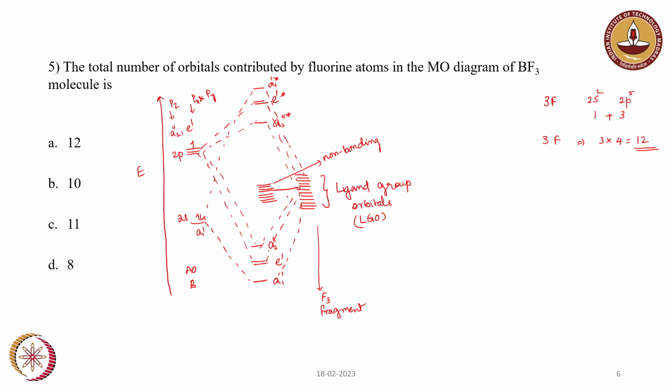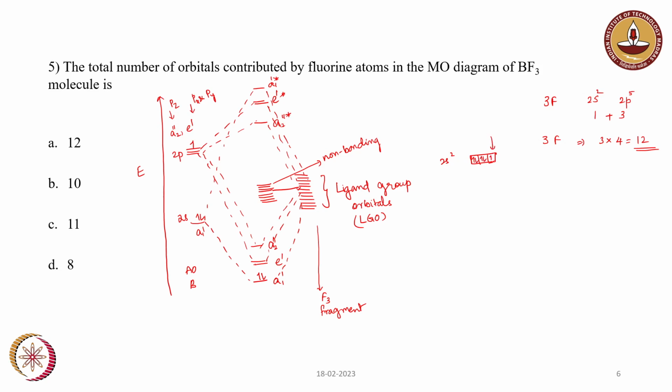So first the 6 electrons: the 3 electrons from boron and 3 electrons from fluorine, that is 2s2 and 2p5.